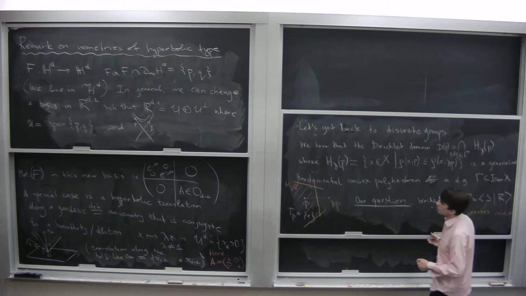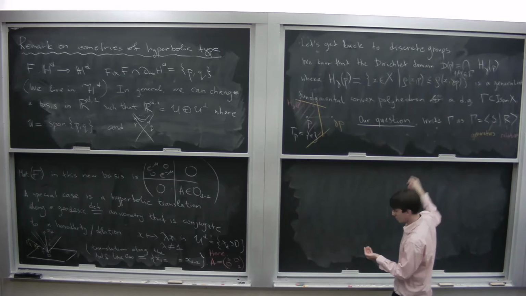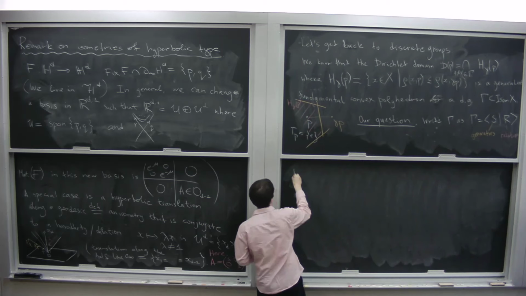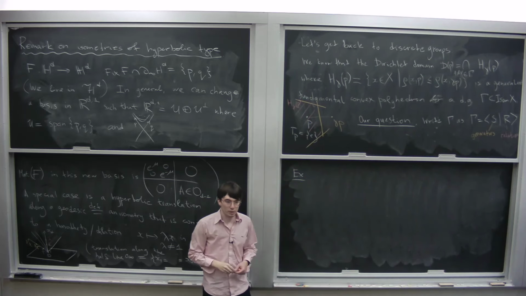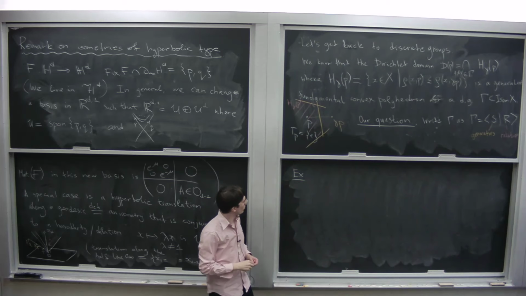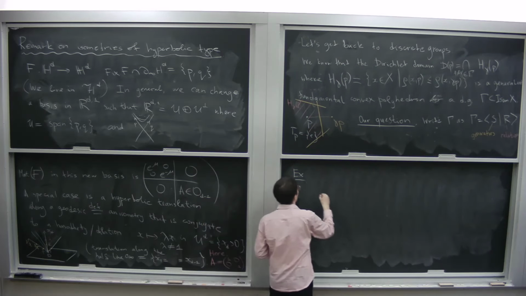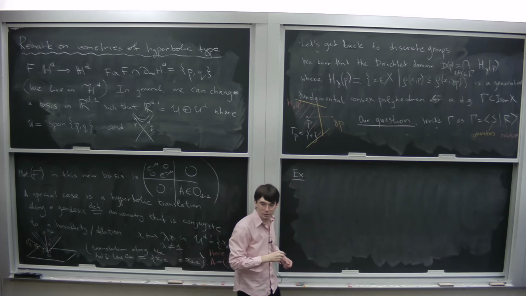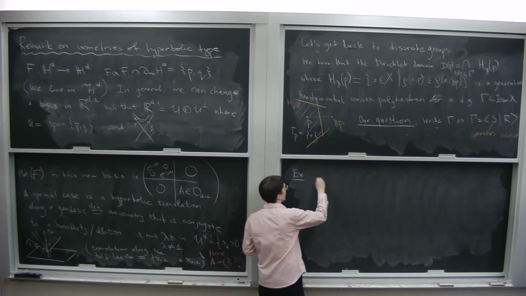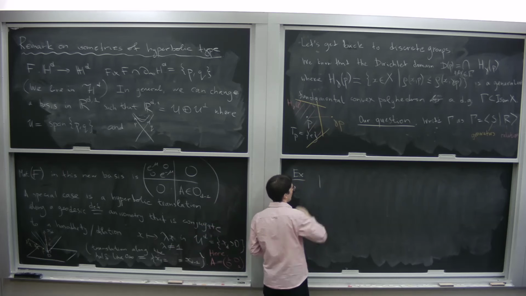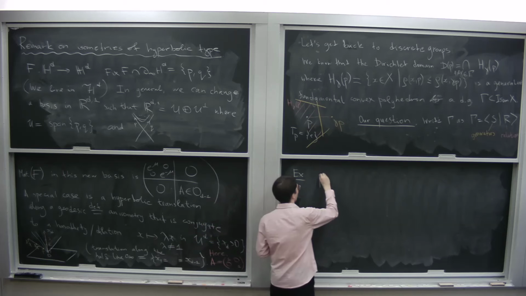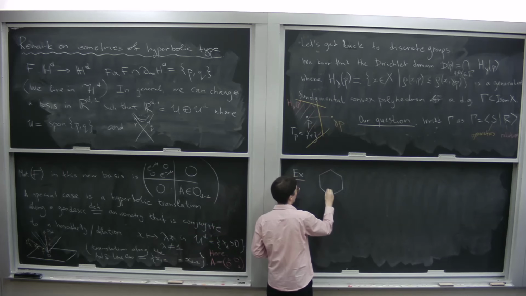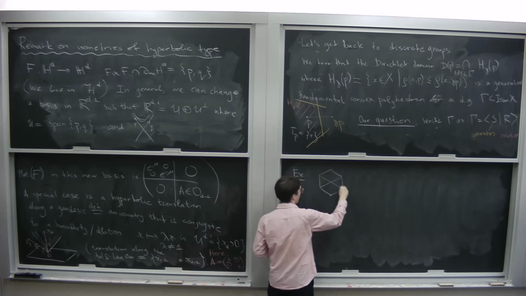Let me start with some simple example. I will take a dihedral group. Maybe the square is too simple, so let us try to do something with the regular hexagon.